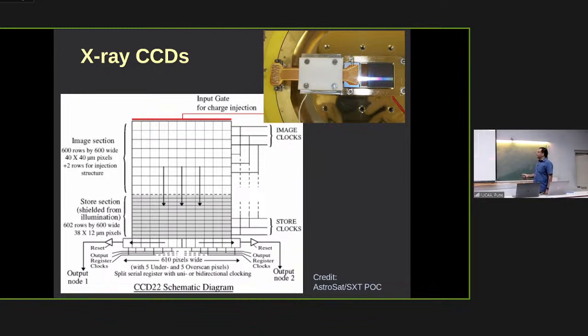Then this part of the detector is ready for observations. In the frame store region, by applying voltages, it is read out over 2.37 seconds or whatever time you set. That is how these CCDs work, and the mode is called frame transfer mode.